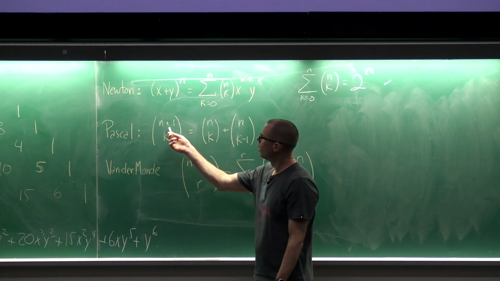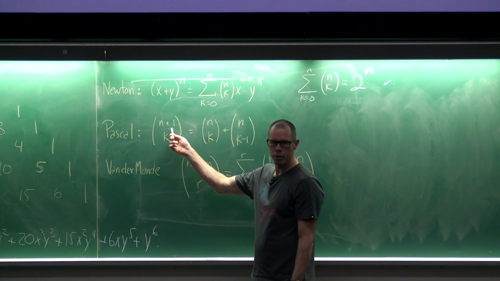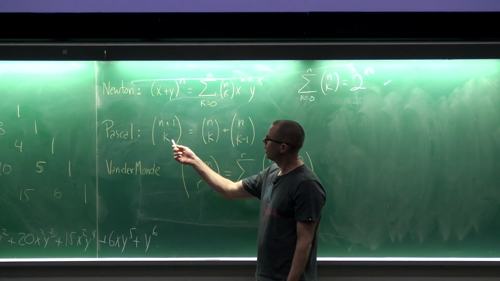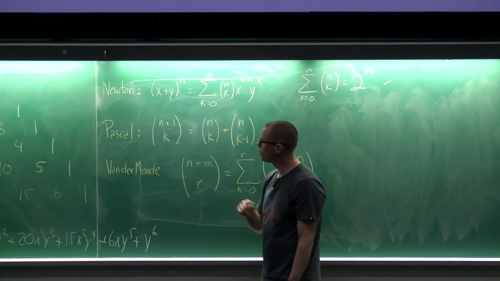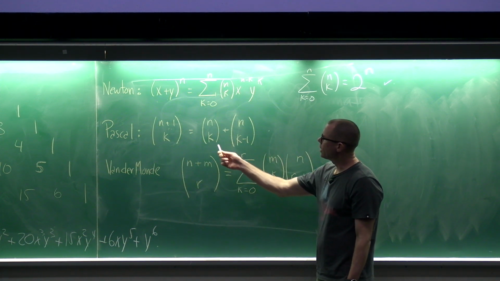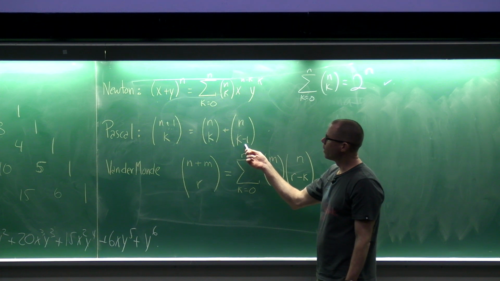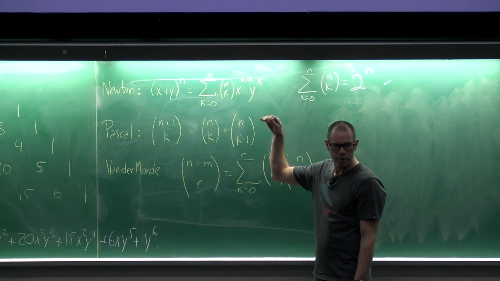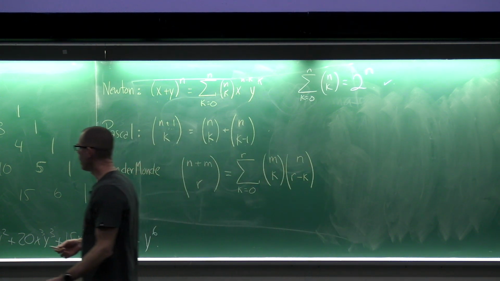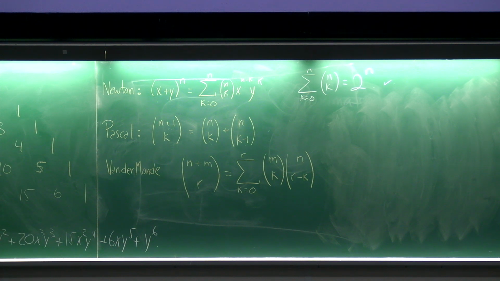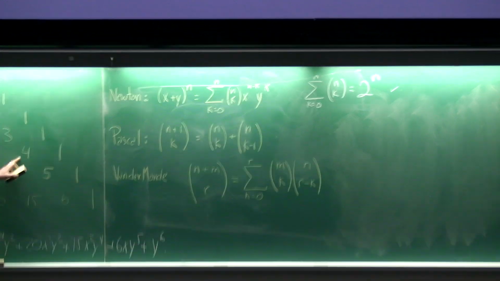If I want to know the entry in the n plus 1th row of this thing, the kth entry in the n plus 1th row of Pascal's triangle, I can get it by taking the k and the k minus 1th entry of the row just above. And in this picture, you can see that happening everywhere. Where did this number 4 come from?